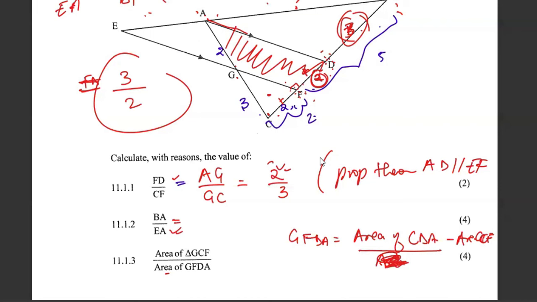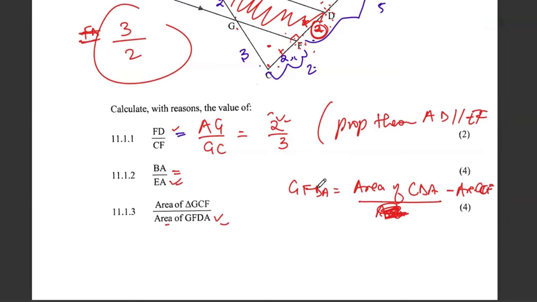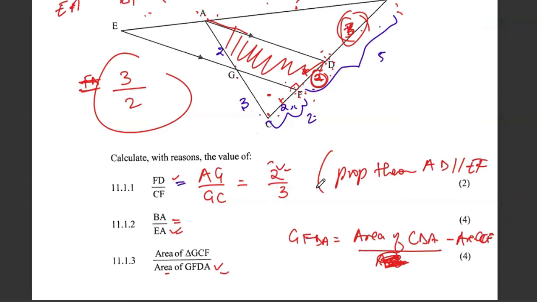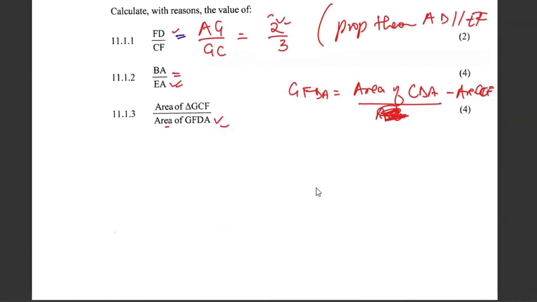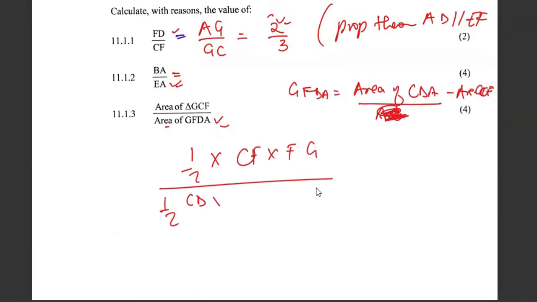So area of GFC, we are saying a half multiplied by CF multiplied by FG over a half CD multiplied by GF minus a half CF multiplied by FG.